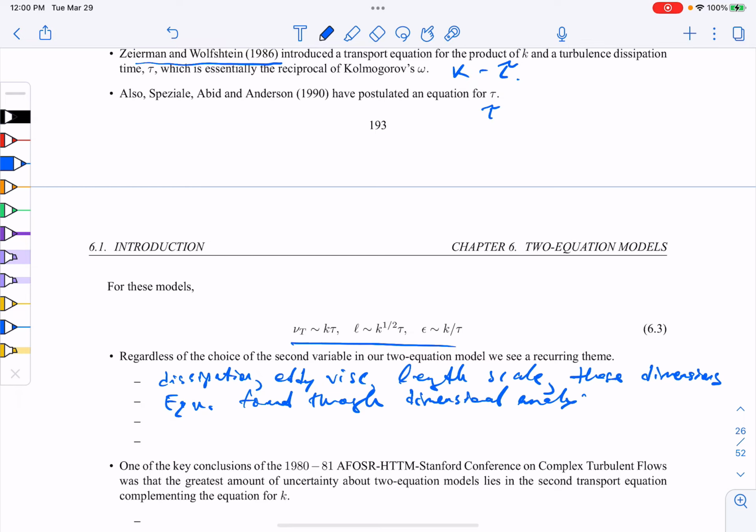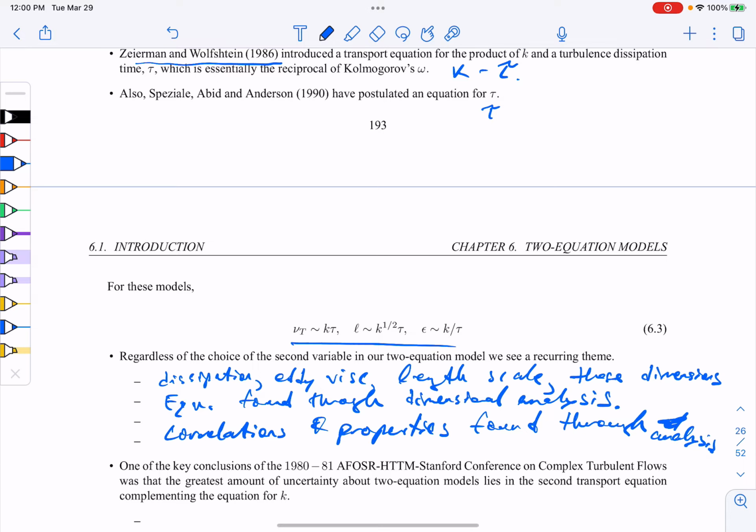And that's the historical way. So correlations and properties found through analysis.